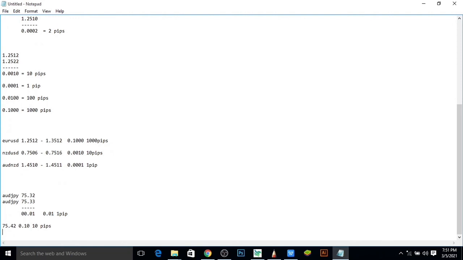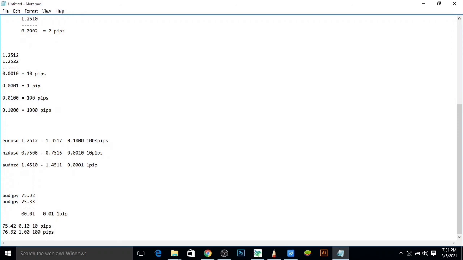If it moves from 75.32 and becomes 76.32, that means the change has occurred at this point here, right? So if you subtract 76.32 minus 75.32, what you are going to get is 1.00, that is 100 pips, right?